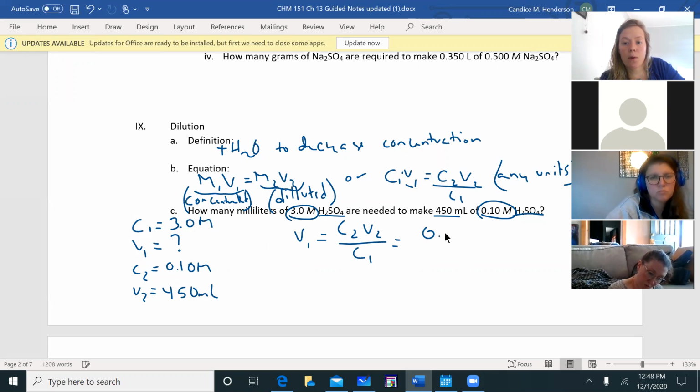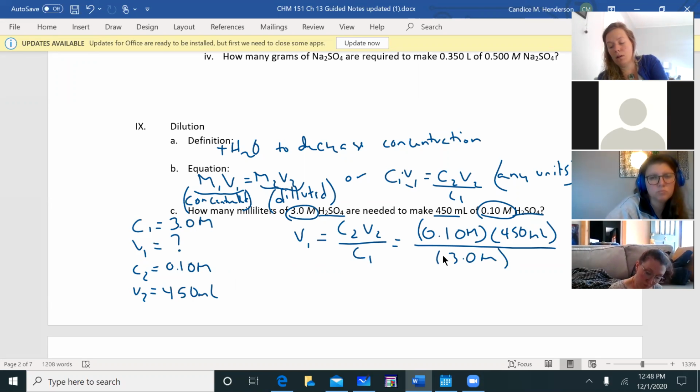So we've got our 0.10 molar times the 450 milliliters divided by my 3.0 molar initial concentration.